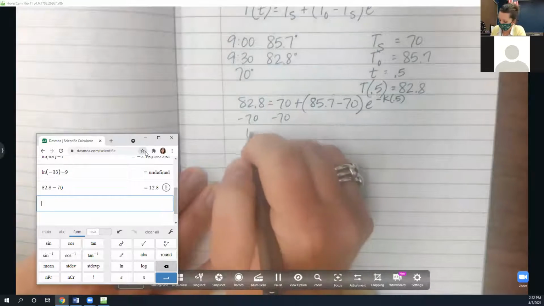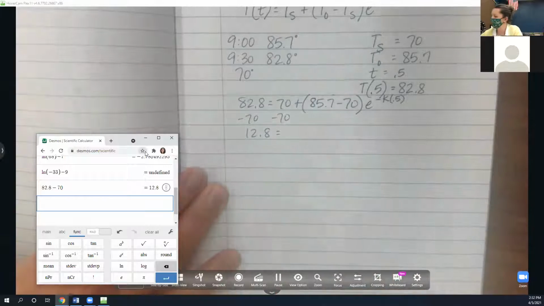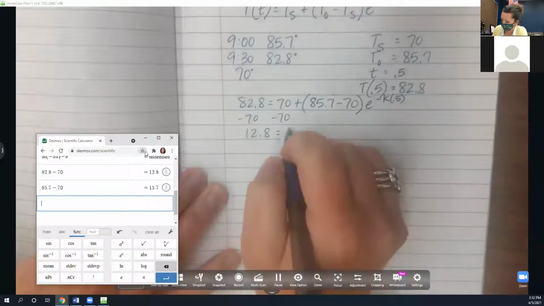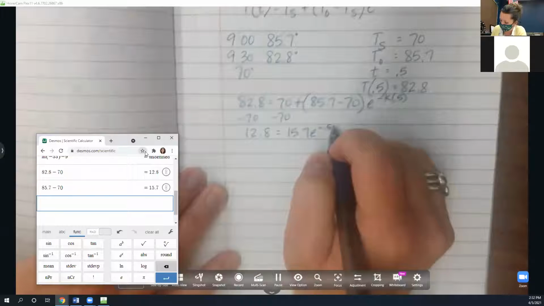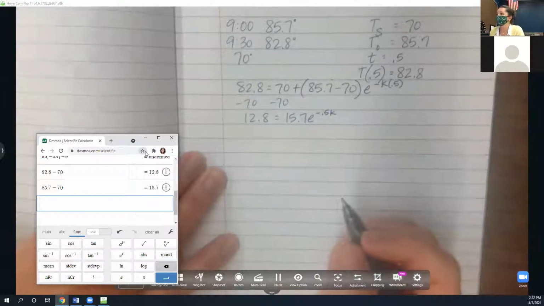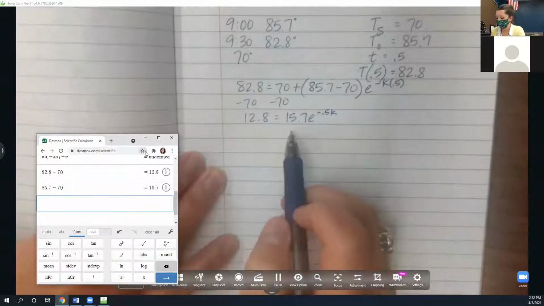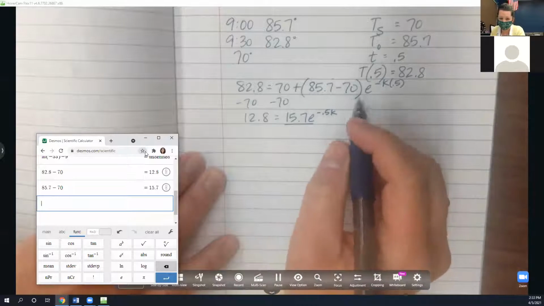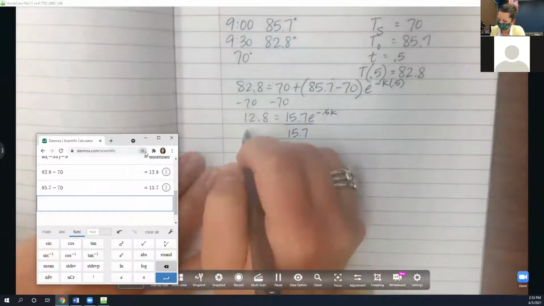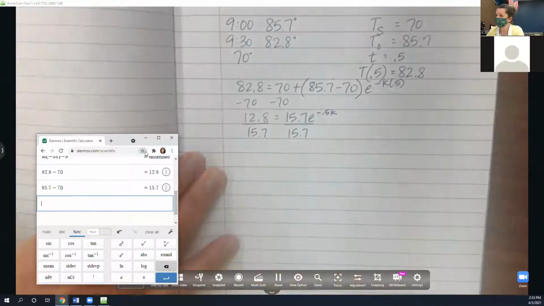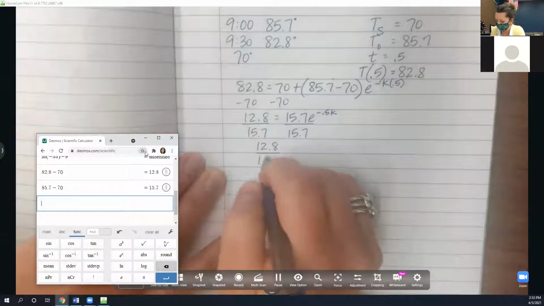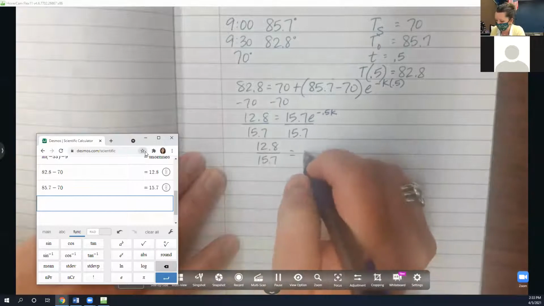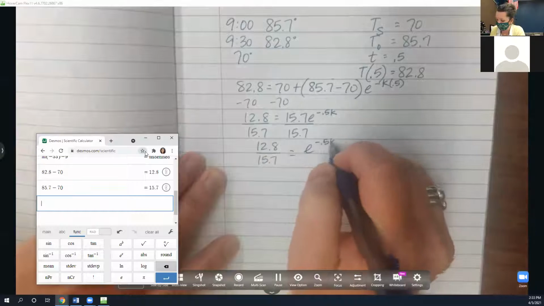We get 12.8 here equals 85.7 minus 70, which is 15.7, e to the negative 0.5 k. All right, next step, I'm going to isolate that e value by dividing by 15.7. So I have 12.8 divided by 15.7 equals e to the negative 0.5 k.